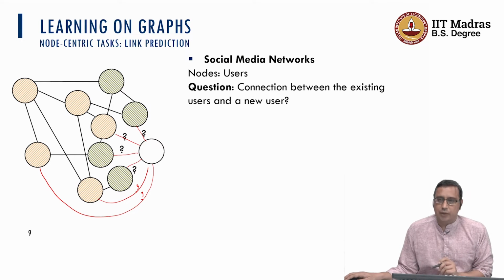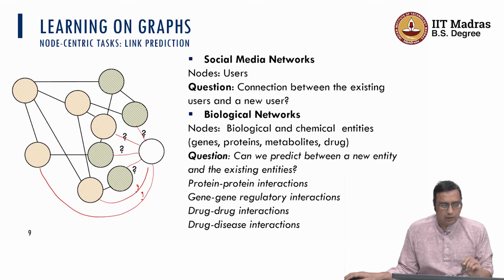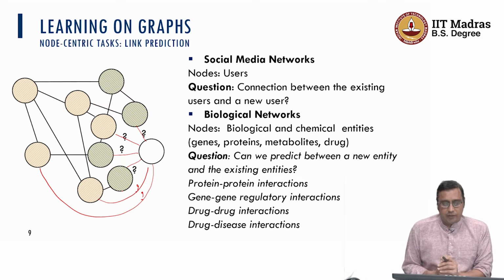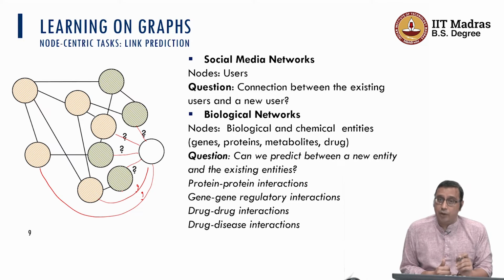So, again nodes are users, and connections between existing users and new users can be predicted. Similarly, in biological networks there are many interesting applications where the nodes are biological or chemical entities: biological entities like genes, proteins, metabolites, and chemical entities like drugs or any chemicals used in a therapy.